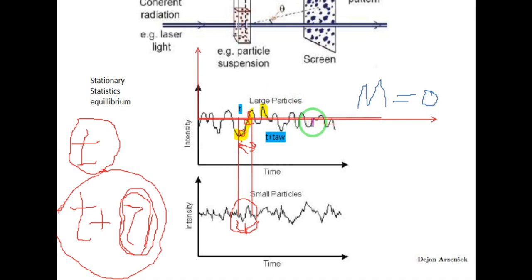Well, we told you that we have the assumption that the mean value here is going to be 0. We considered that. Now, with this assumption in mind, let's see what happens.